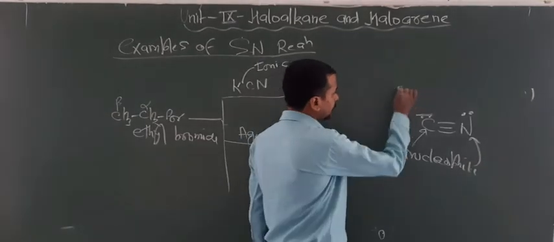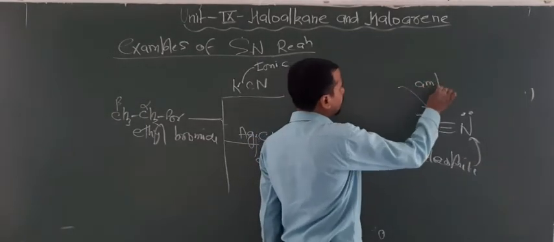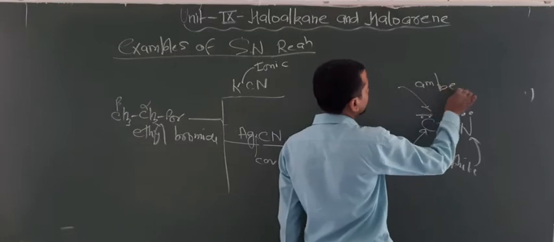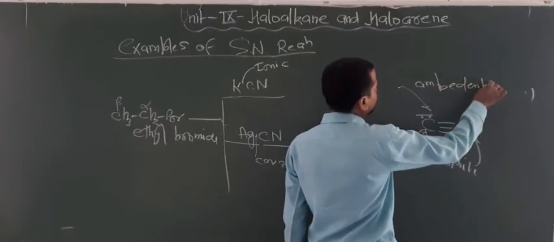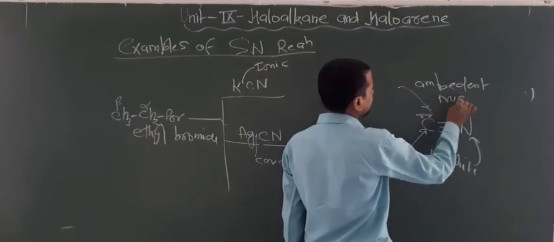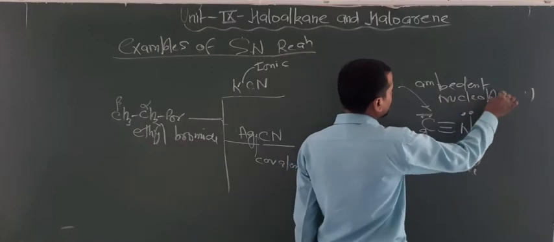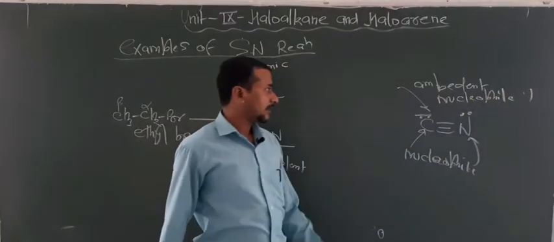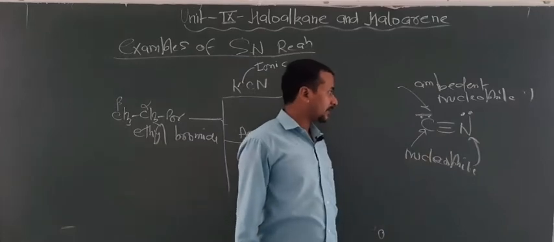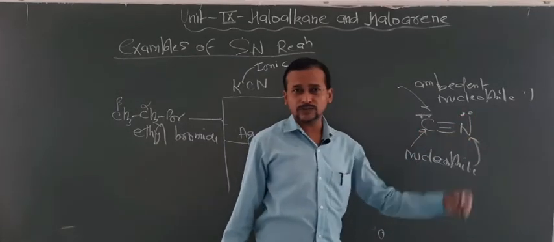So that's why cyanide is known as an ambident nucleophile, because one species has two donor atoms, either it can donate from carbon, or it can donate from nitrogen.